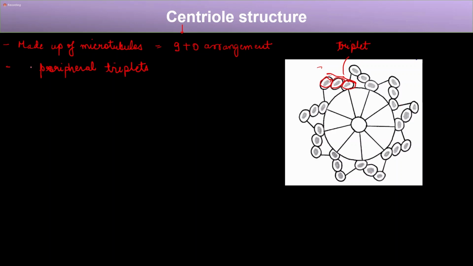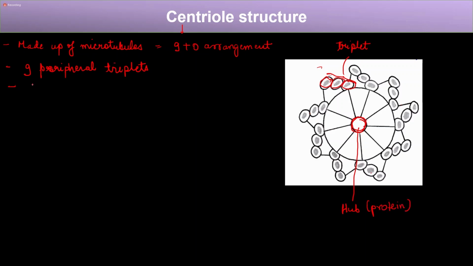So it has 9 peripheral triplets. The centriole has 9 peripheral triplets. The second thing that it has is this central structure, but it is not a microtubule. This central structure is called the hub. It is a protein called hub.